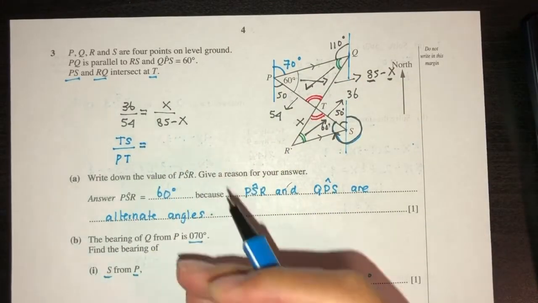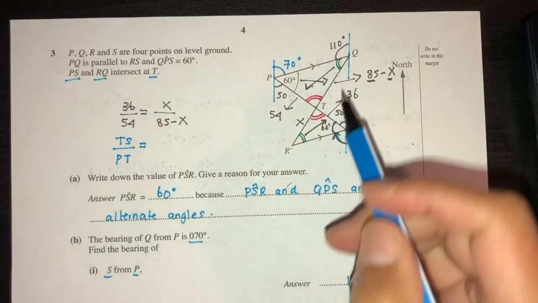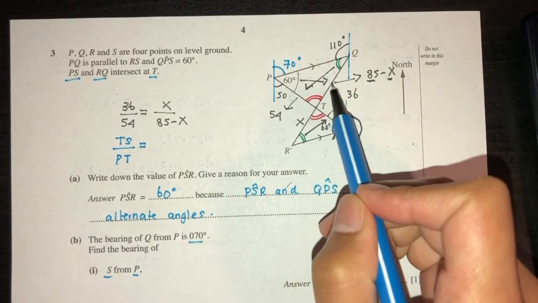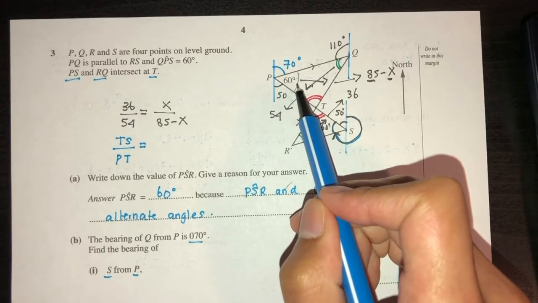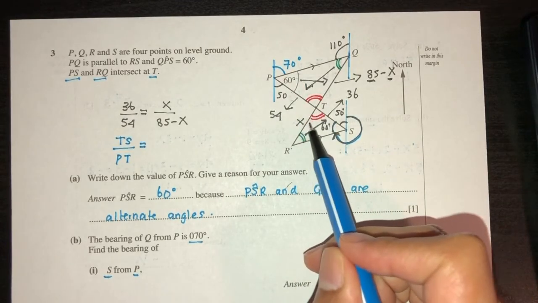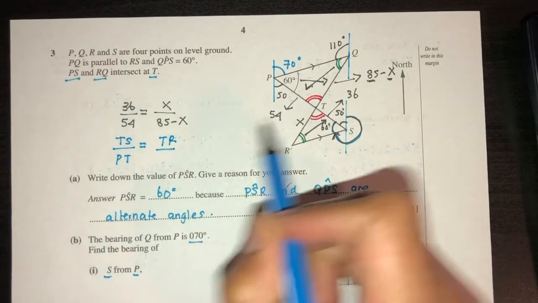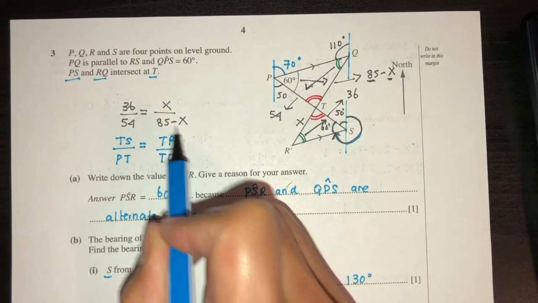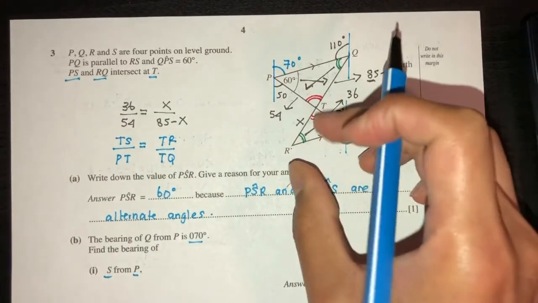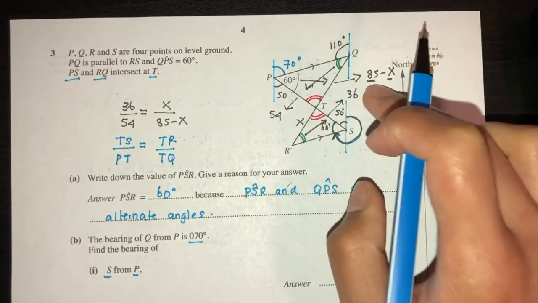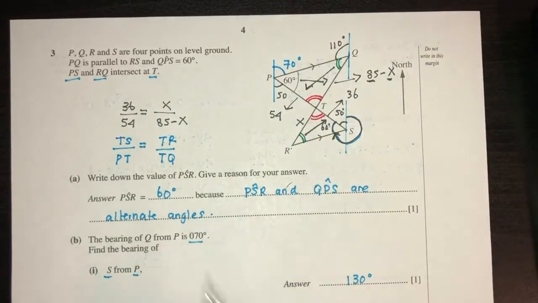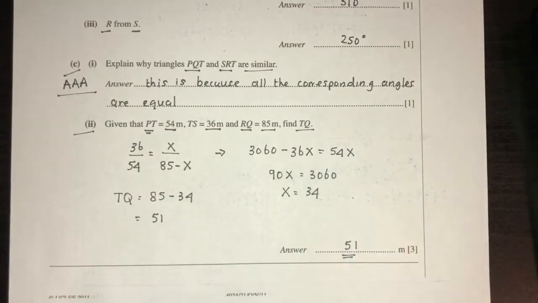Now this should be equal to, so something else. Here we are trying to find this side. So this angle, which is equal to this angle, will be this side. So we can write down TR over TQ. By forming this equation, we can find the value of x first, and then find the value of 85 minus x. That's how you find the value of TQ. That is your question number 3.